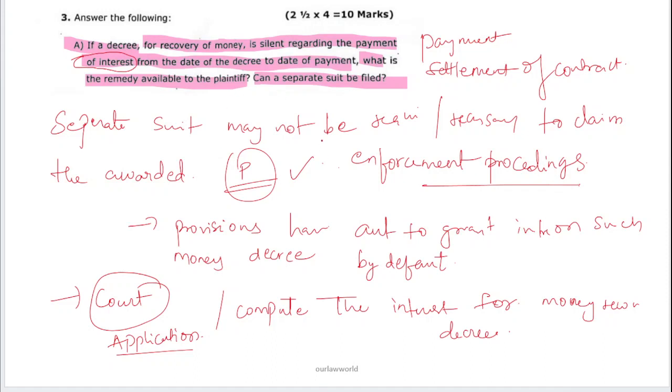In all this, by default, payment of interest is also calculated from the date of decree to the date of payment. So no separate suit is filed, but in fact the plaintiff can reach out to the court which passed the decree with a simple application.